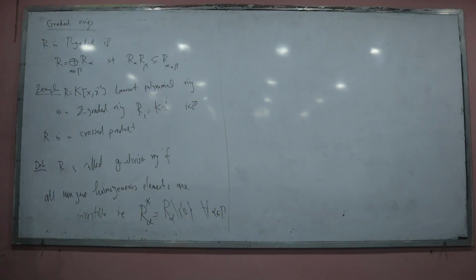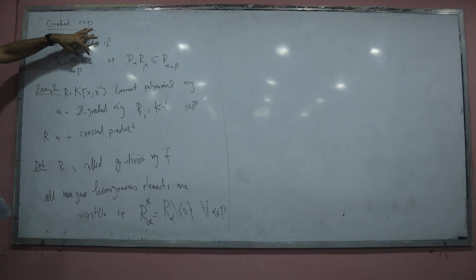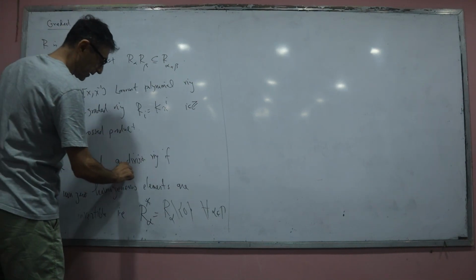Does that make sense? So here, anything you pick up is invertible. Then I call this a graded division ring.